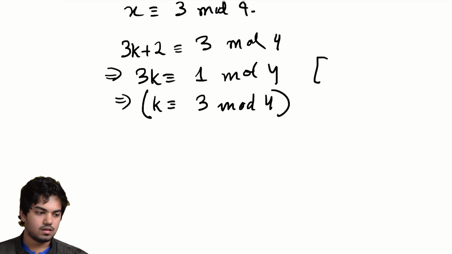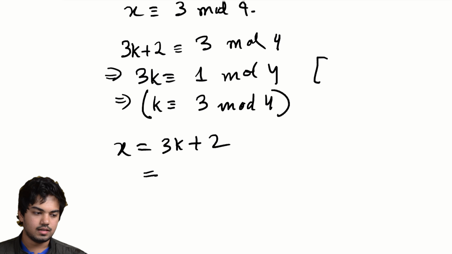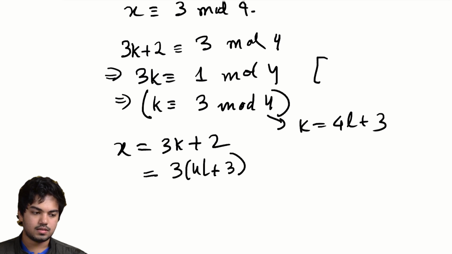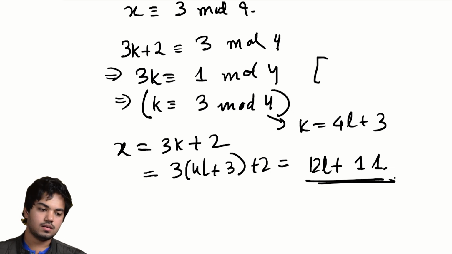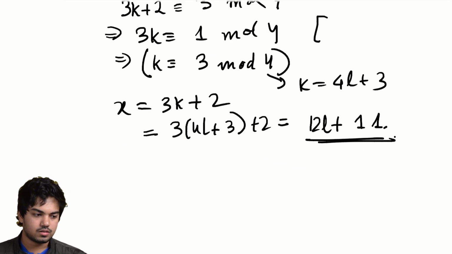Hence x, which was 3k plus 2, where k is of the form 4l plus 3, is 3 into 4l plus 3, plus 2, which is 12l plus 11. This implies that x is congruent to 11 mod 12.